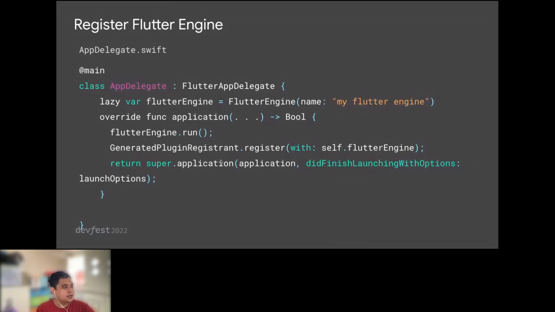After that, we need to override this application function, which comes from the FlutterAppDelegate, and we need to run the Flutter engine. And after that, GeneratedPluginRegistrant is optional. We need to put this line if our Flutter module has a Flutter plugin underneath it. But if your Flutter module doesn't have Flutter plugins, you don't need to add this line.